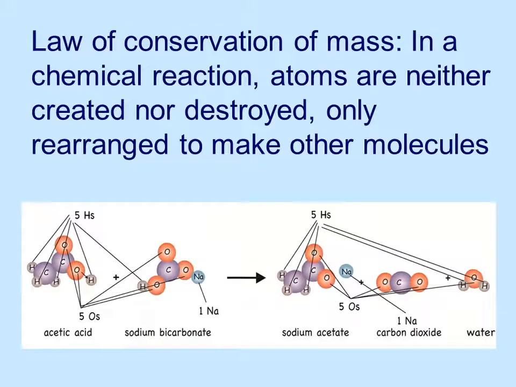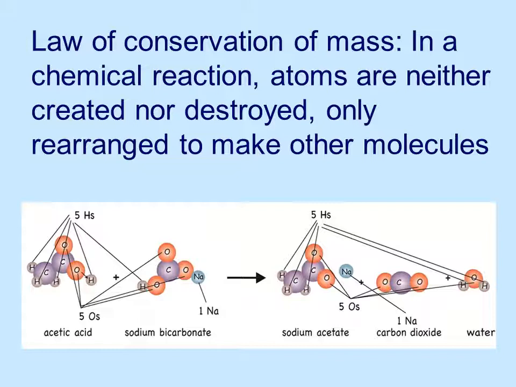And we can do the same thing with hydrogens, with oxygens, and with the lone little sodium ion. We come out with 5 hydrogens on the reactant side, 5 hydrogens on the product side, 5 oxygens on the reactant side, 5 oxygens on the product side, 1 sodium each side.